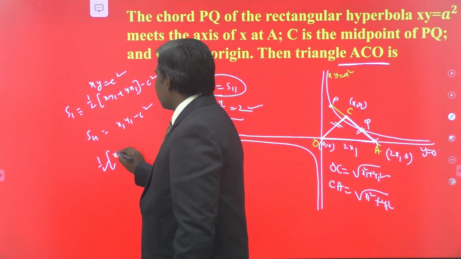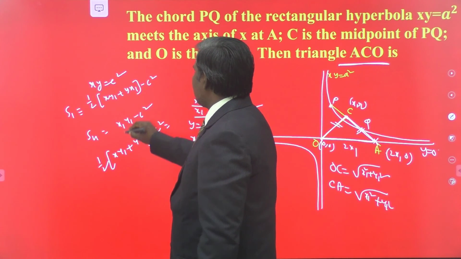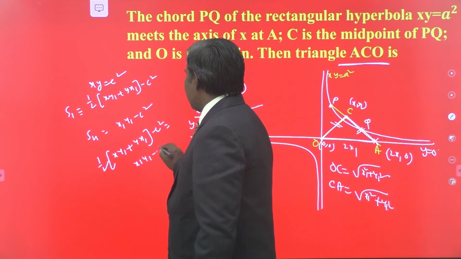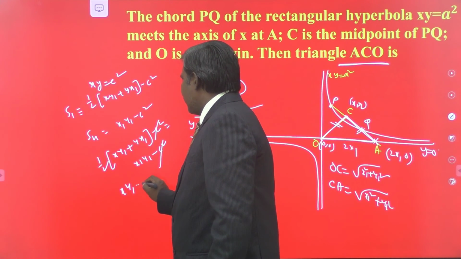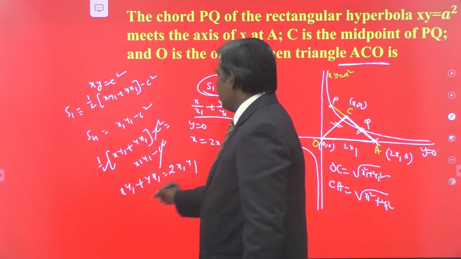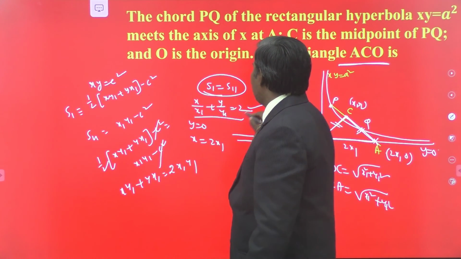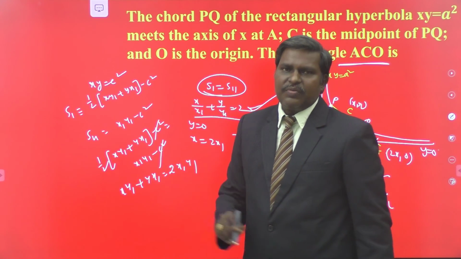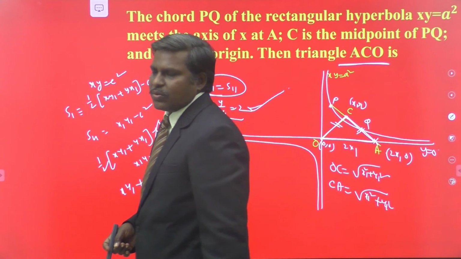Half of (xy1 plus yx1) minus c square equals x1 y1 minus c square, which gets cancelled. So xy1 plus yx1 equals 2x1 y1. By dividing by x1 y1, you have x by x1 plus y by y1 equals 2. This is the equation of the chord with midpoint x1 y1 to the rectangular hyperbola xy equals c square.